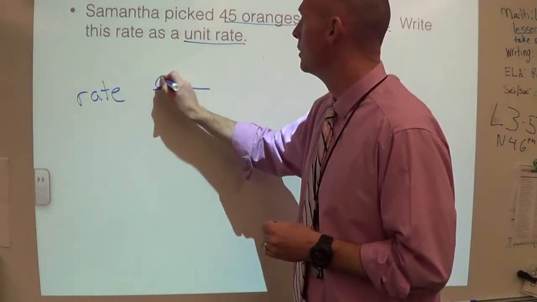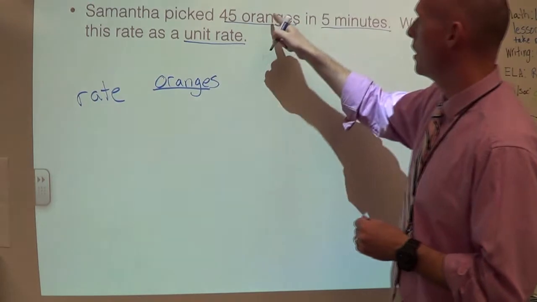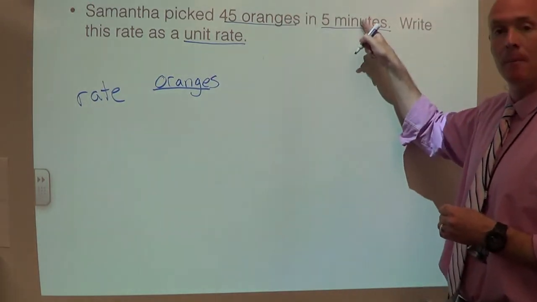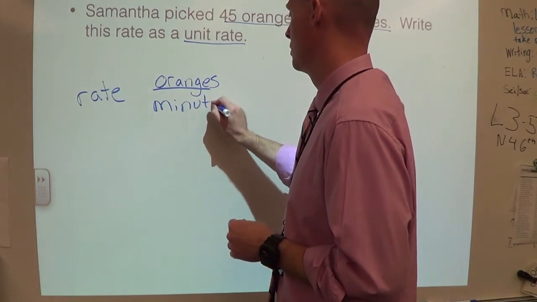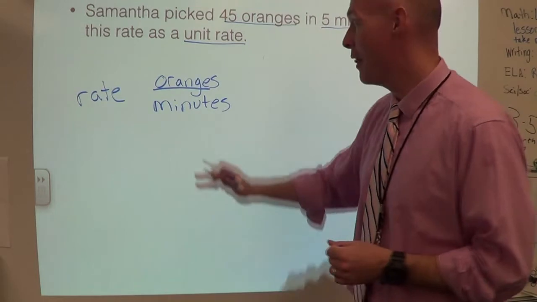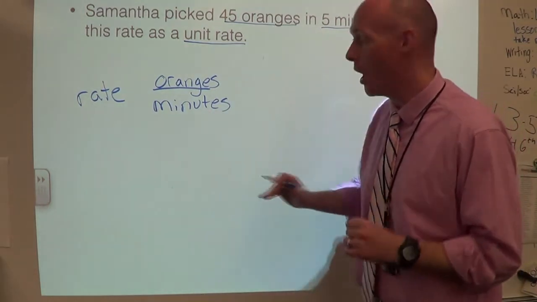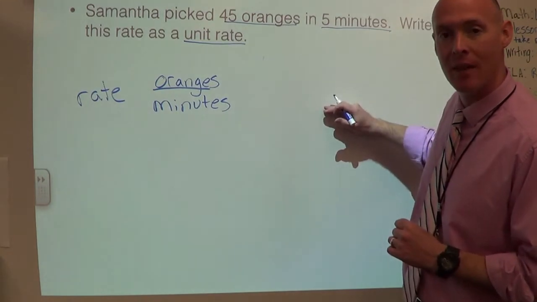Oranges. We're going to compare oranges and minutes. Always start with the words first. That way when we move to numbers, we know the orange number stays on top and the minutes number stays on the bottom.